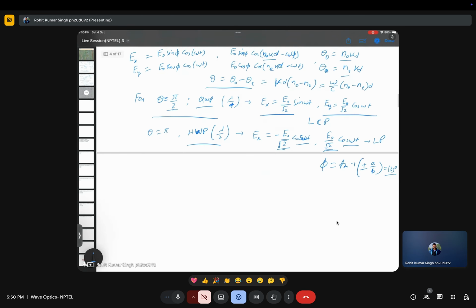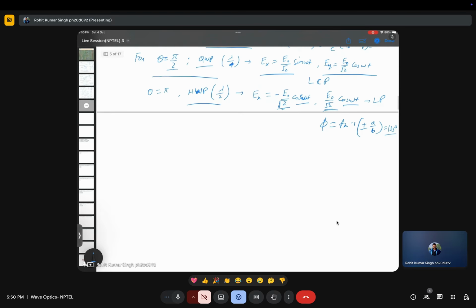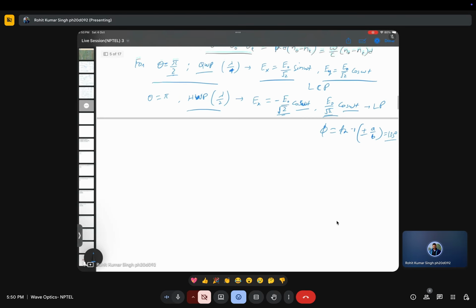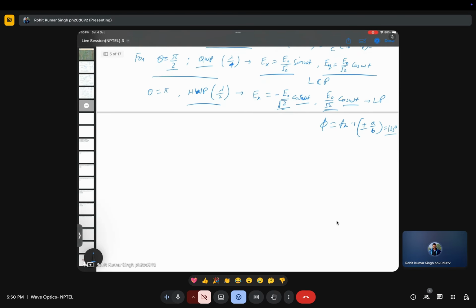So last time we did this analysis, we had this phase retarder matrix, if you remember. And for a quarter wave plate, this phi is just pi by 2, right?